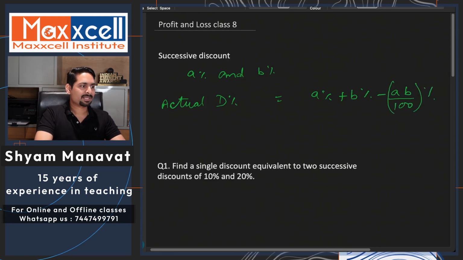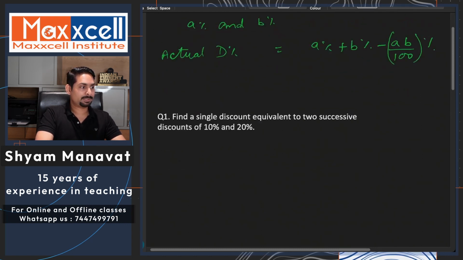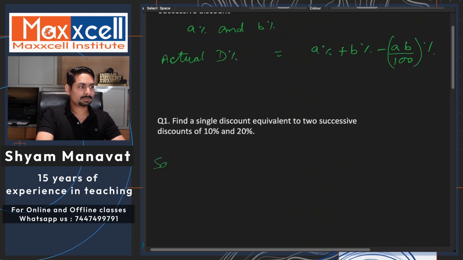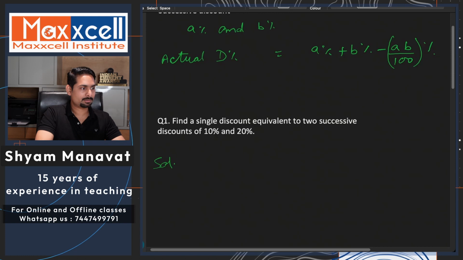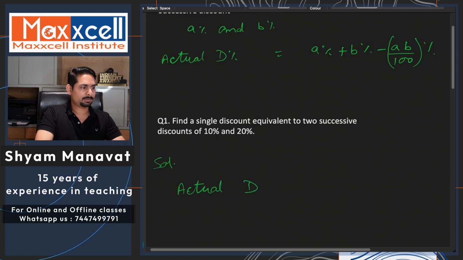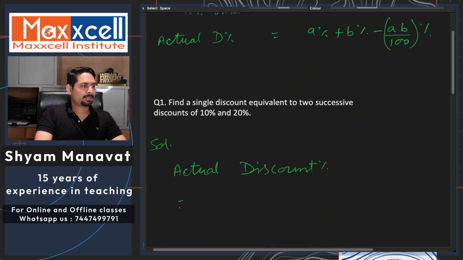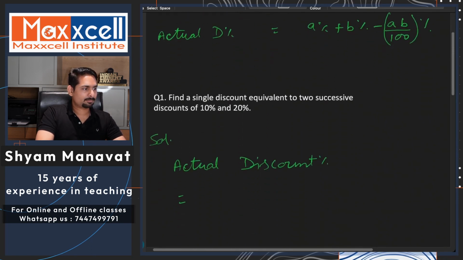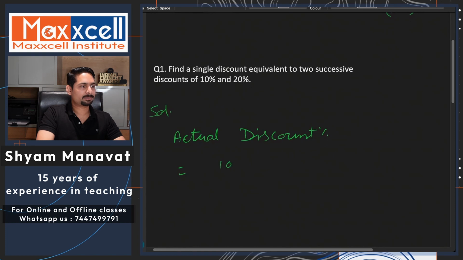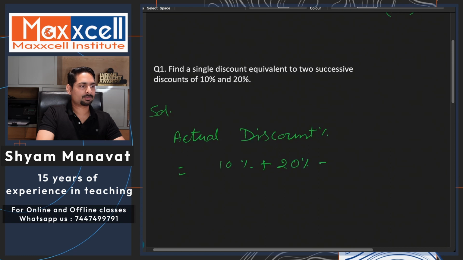That means if it is 10% and 20%, with the formula, the final, actual discount percent should be A% which is 10% plus 20% minus 10 into 20 by 100, and that is also in percent.